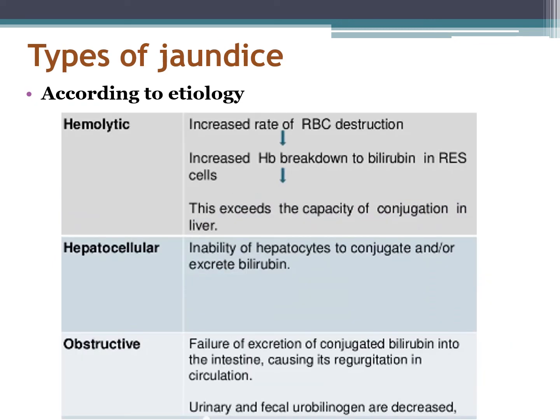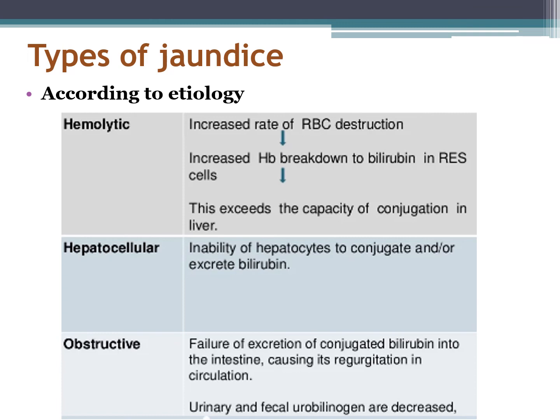Now the types of jaundice according to the etiology. We have three types: hemolytic, hepatocellular, and obstructive. In hemolytic, there is an increased rate of RBC destruction, so increased hemoglobin breakdown to bilirubin in the reticuloendothelial system cells, that is the macrophages, and this exceeds the capacity of conjugation in the liver. Therefore we have unconjugated bilirubin in the plasma.